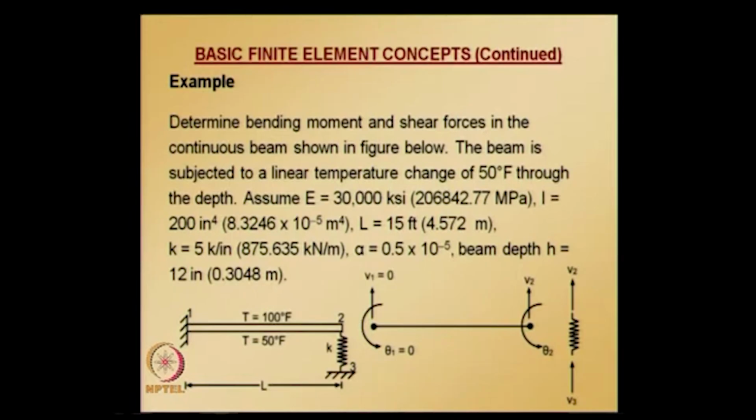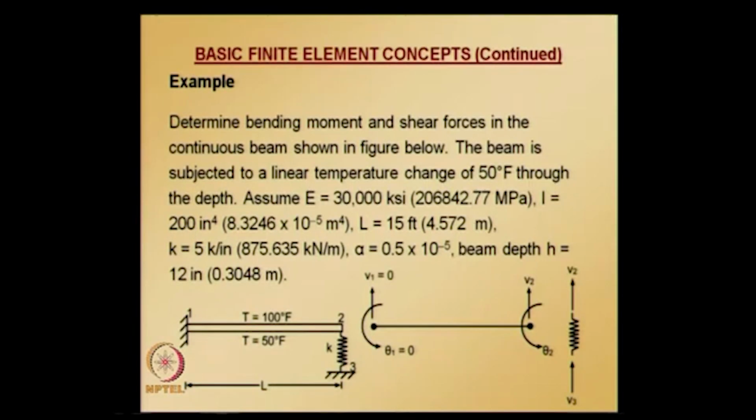So now let us take this discretization, and then we need to assemble the element equations. Before doing that, imagining when there is a temperature change, the beam element is going to be subjected to uniform bending.